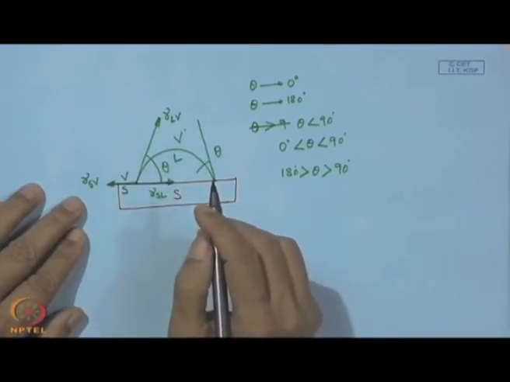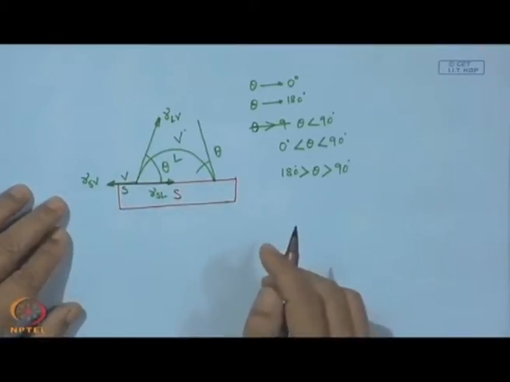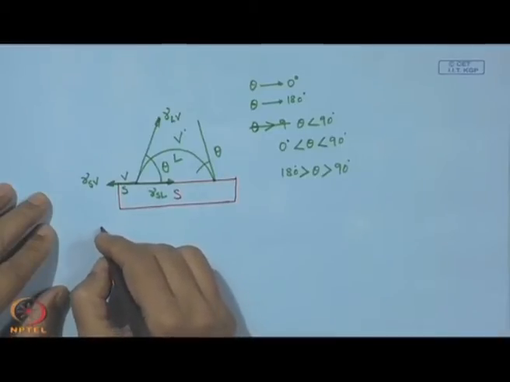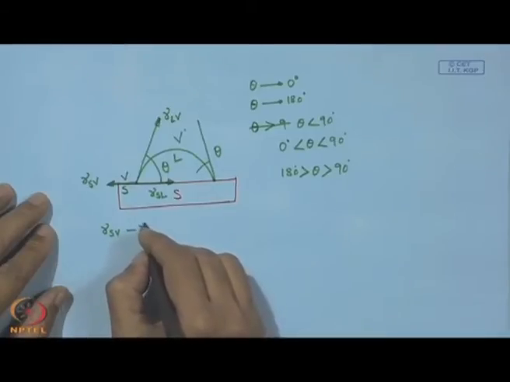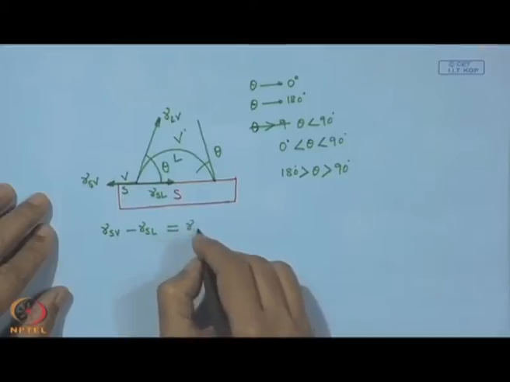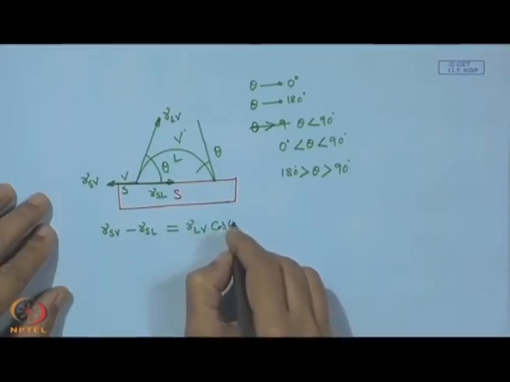Now, under the action of these three forces, of course, there is some gravity force, this whole thing is in equilibrium. Now, we can balance this force in the horizontal direction, and from there we can find out that gamma SV minus gamma SL is equal to gamma LV cos theta.